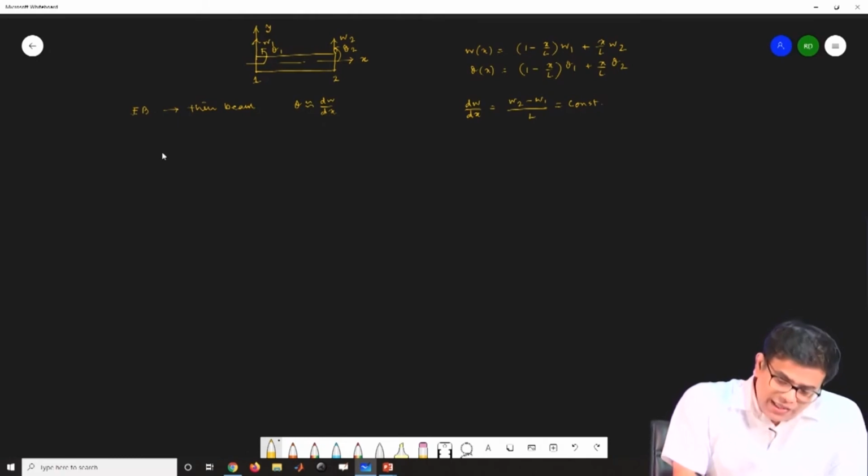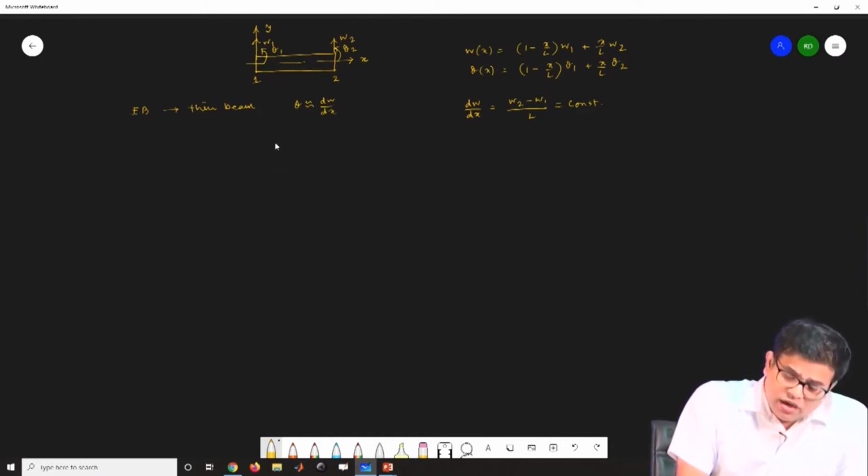So, another way to visualize it is if you consider simply a thin beam, and now suppose this is a Timoshenko kind of beam, and then we all know what is the displacement. If x displacement is u and y displacement is v, that is equal to w, then u of x y z, I can write that is minus y theta of x.